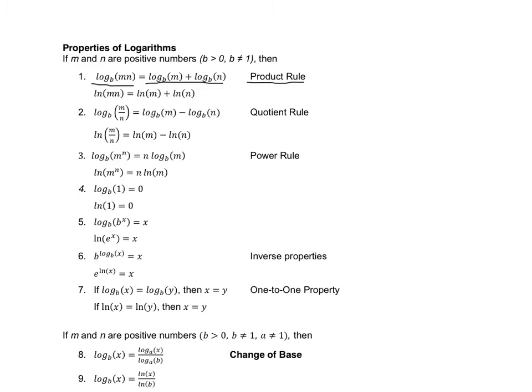Think about back when you were in elementary school and you had to take a certain number, so let's say 1,536, and you had to write that in expanded form. What you would have to do is write out the 1,000 plus the 500 plus the 30 plus the 6.